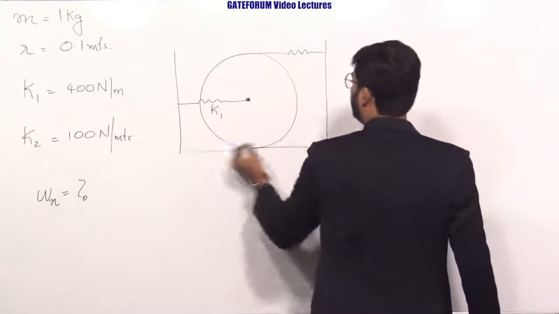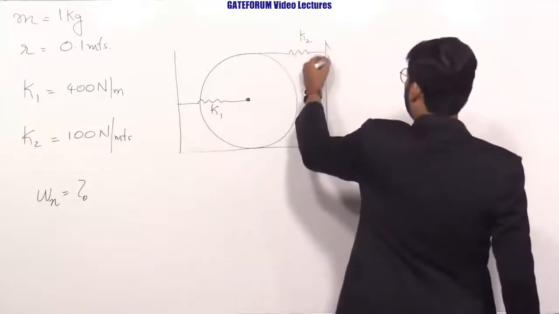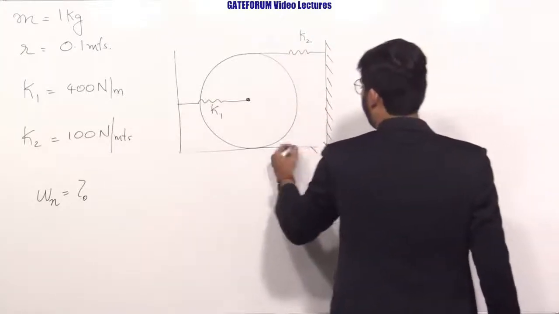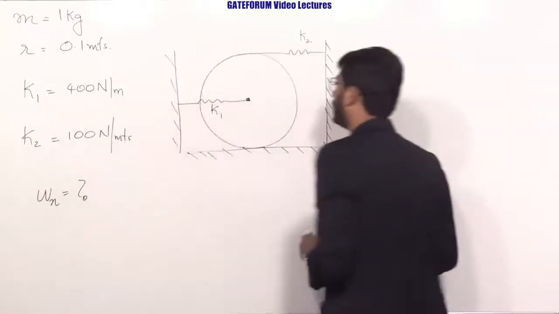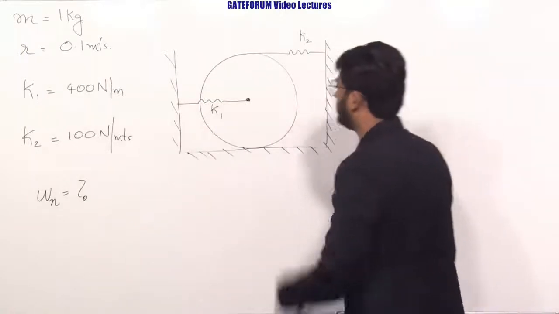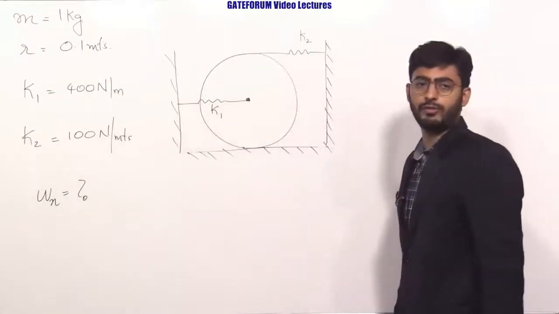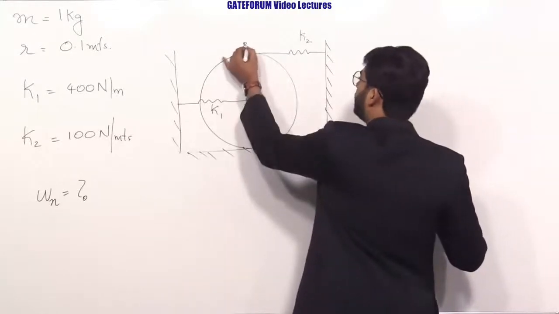This is K1 and K2. Okay, so now here, before identifying, first we need to write the equation of motion for the given system. This is point A and this is point B.